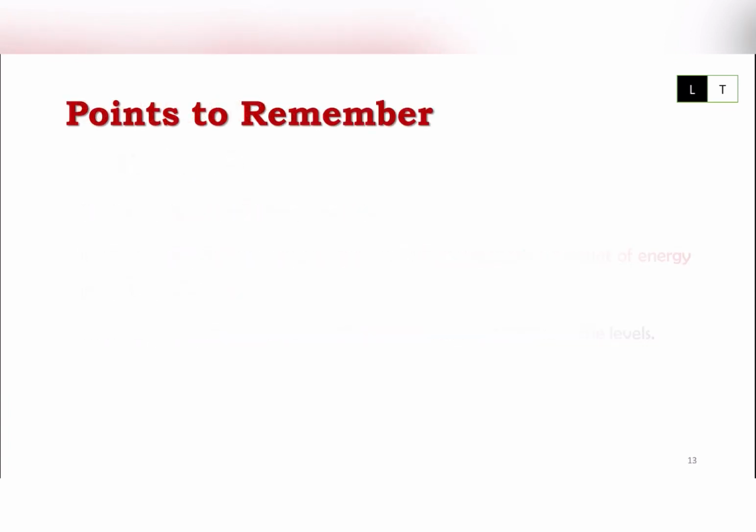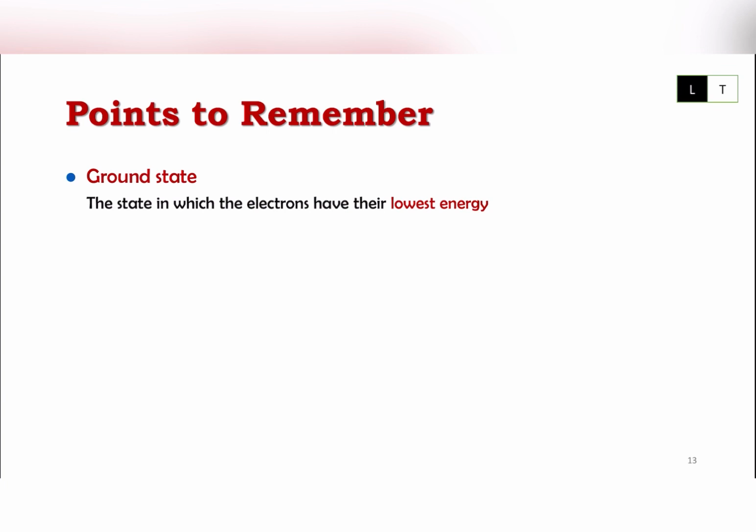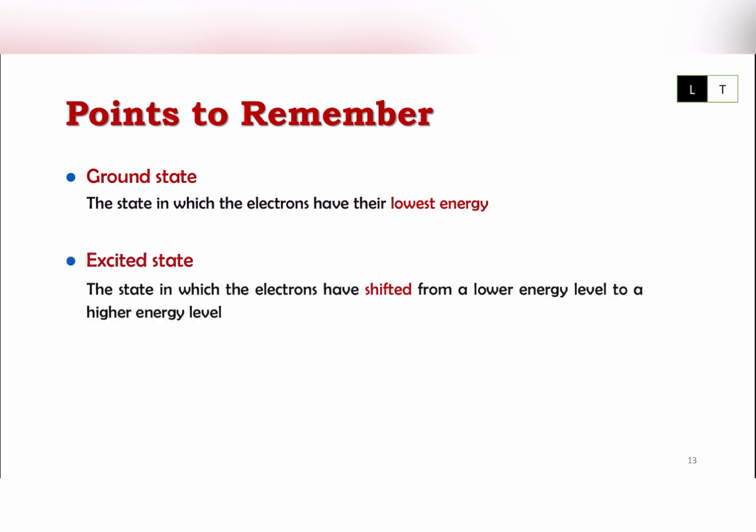There are a few points that you have to remember based on different terms. The first one is ground state. This is the state where electrons have their lowest energy. After that, the excited state, where electrons have shifted or been excited from a lower energy level to a higher energy level. And last but not least, energy level.